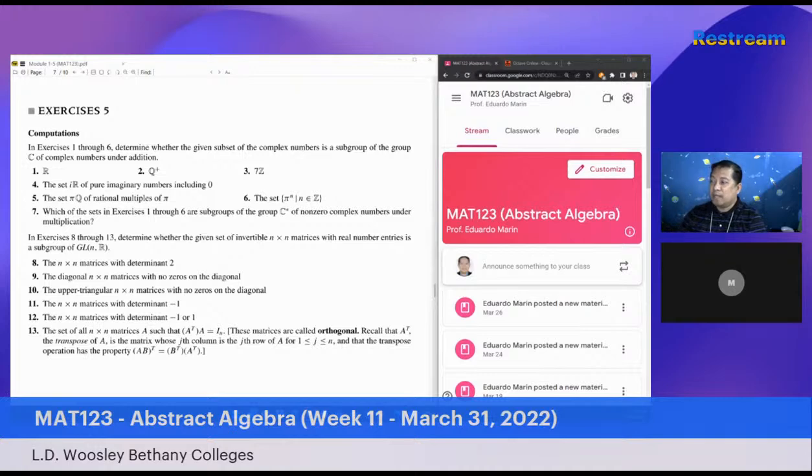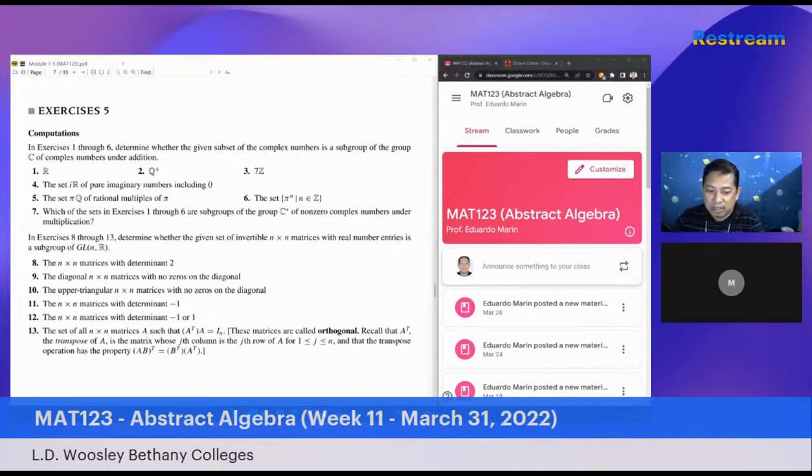Okay, how about number 5? The set of pi q, rational multiples of pi. Rational multiples of pi. Okay.